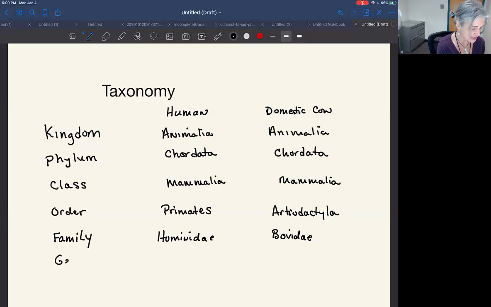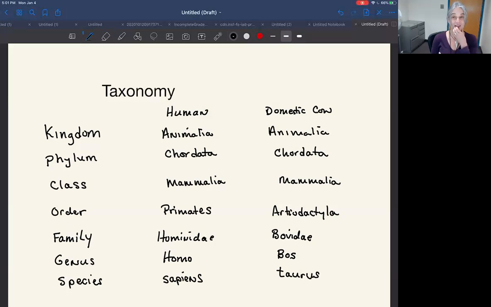And then we have the genus. We are Homo, and the cows are Bos, B-O-S. And then we have the species name. And we are, with a lowercase, sapiens, and they are lowercase taurus.